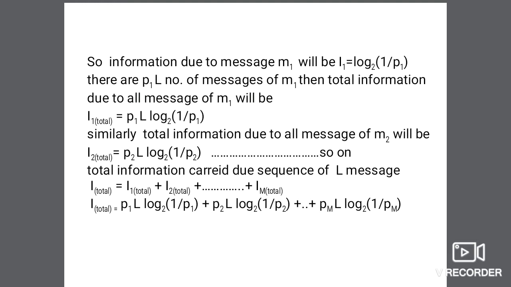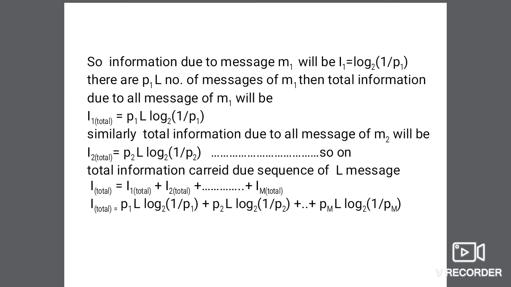Since there are P1L messages of M1, the total information due to all messages of M1 is P1L log base 2 of 1 upon P1. Similarly, the total information due to all messages of M2 is P2L log base 2 of 1 upon P2, and so on. We can calculate up to m messages, depending on the question or the sequence.